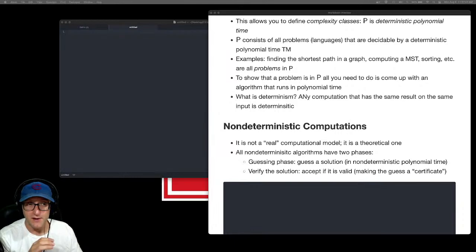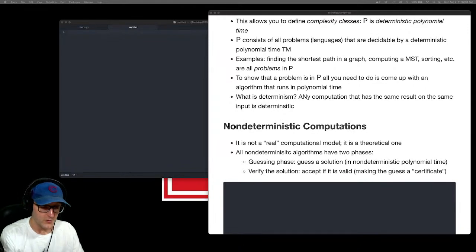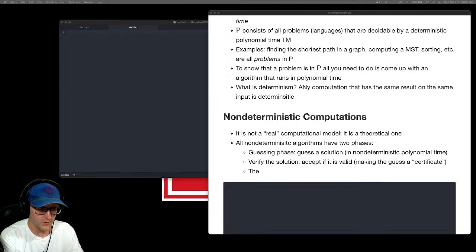Yes, it is satisfiable. Here's your certificate, right? Here's the actual setting of Boolean values that would make it evaluate to true, right? You accept if it is valid, and the machine overall accepts if at least one computational path accepts, right?